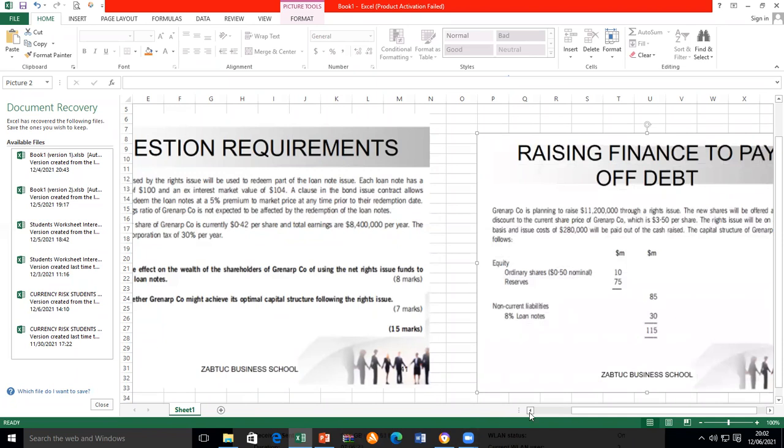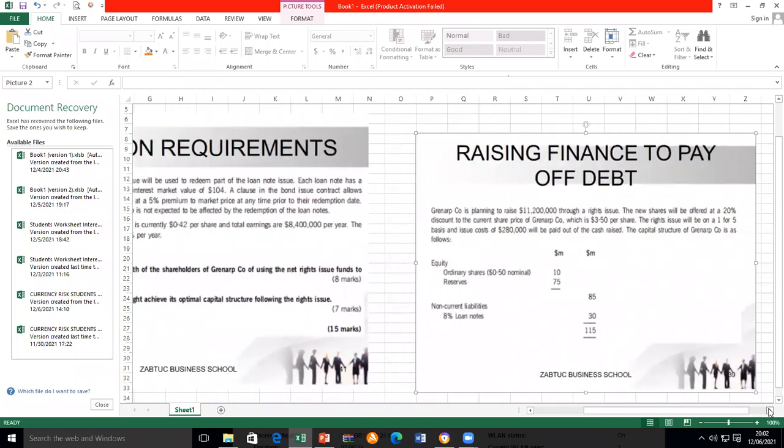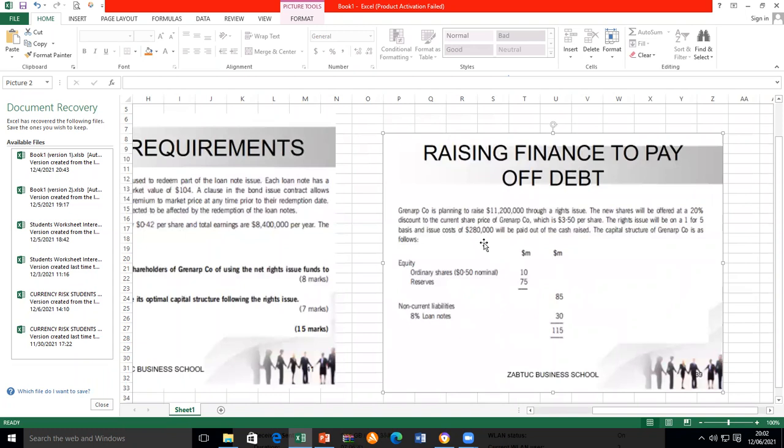Okay, so let's get started. The first step in answering this question is to calculate the theoretical ex-rights price. The information is here. The company is planning to raise 11.2 through a rights issue. The new shares will be offered at a 20% discount.